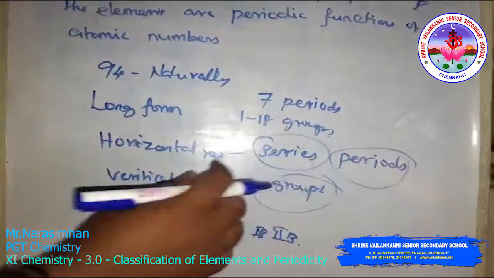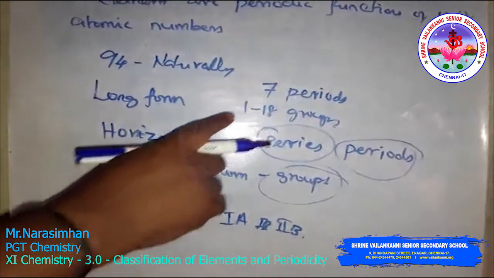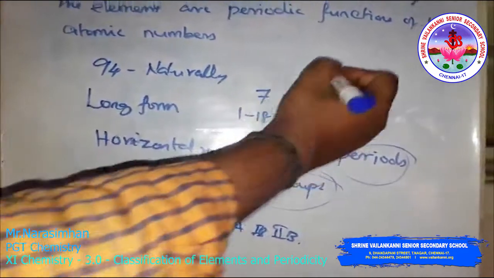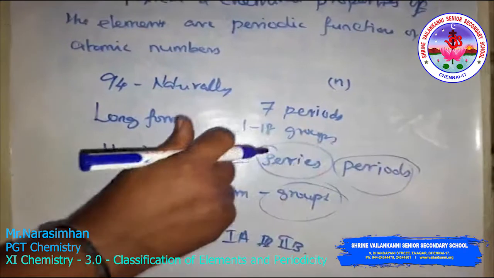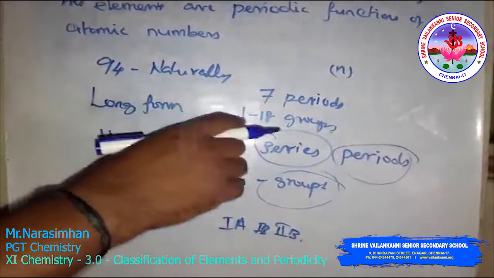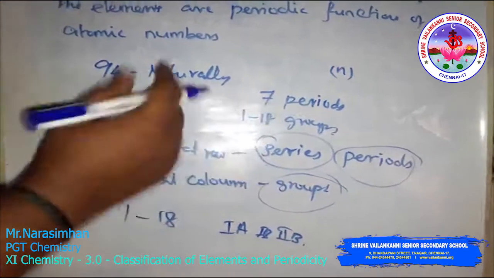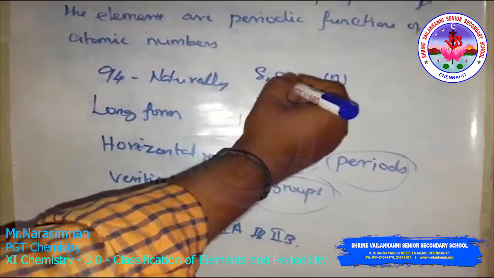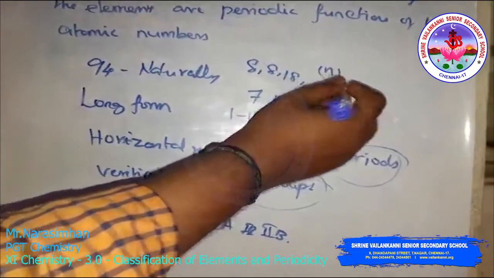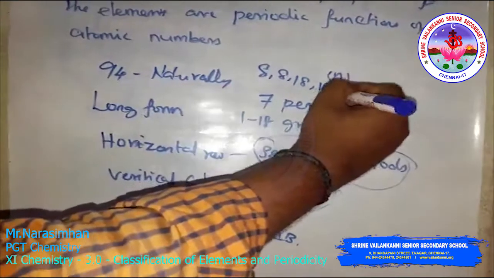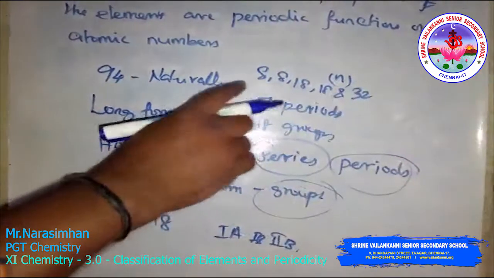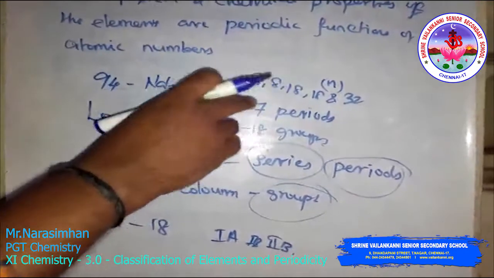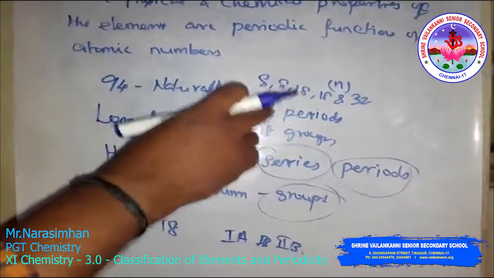The period number corresponds to the highest principal quantum number, n, of the elements in the period. The first period contains 2 elements. The subsequent periods consist of 8, 8, 18, 18 and 32 elements.